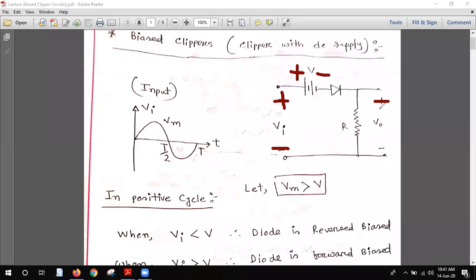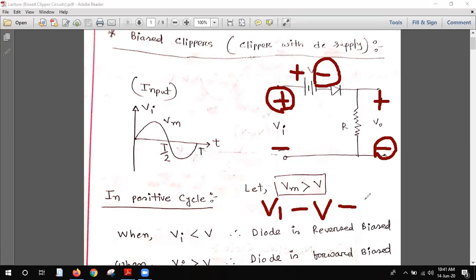So if we go for the KVL, if we take the second sign, then it will be plus, it will be minus, and it will be minus. So basically the equation will be Vi minus V minus Vo equals 0.